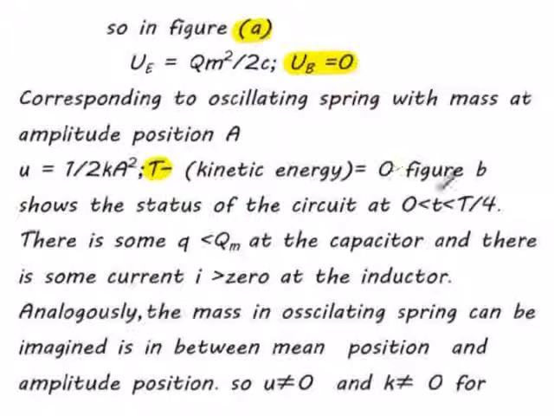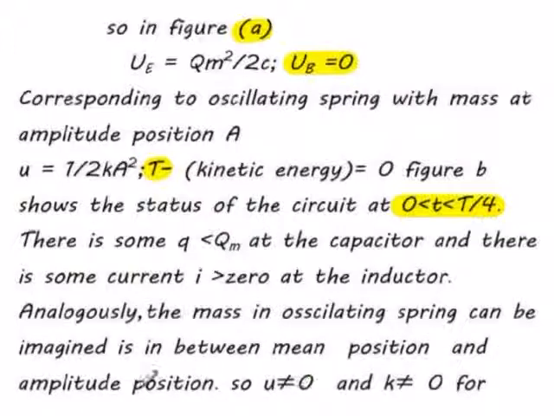Now come to figure B. Figure B shows the status of the circuit at any time t between 0 and T by 4, that is 0 less than t less than T by 4. There is some Q less than Qm at the capacitor, and there is some current i greater than 0 at the inductor.